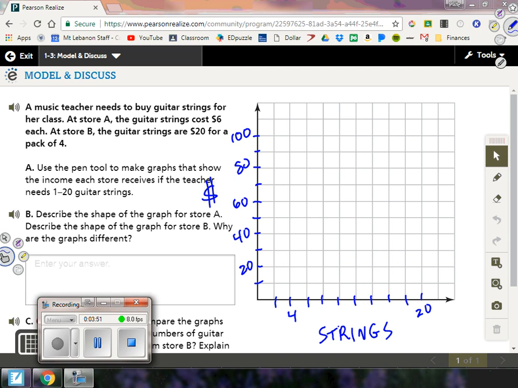So if we don't need any, how much would it cost? 0. At store B, remember that we are buying 4-packs for $20 each. So if you need 1 or 2 or 3 or 4, what's the cost? 20, right?